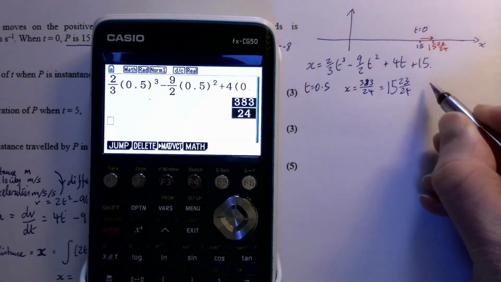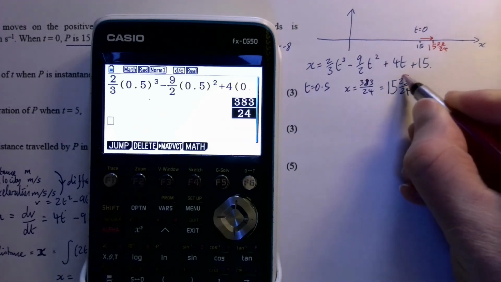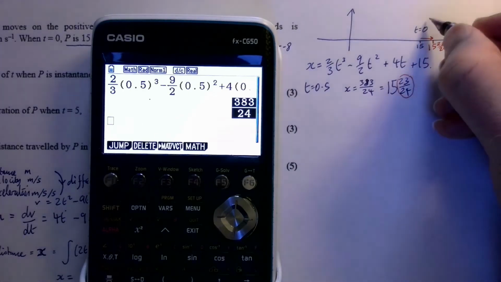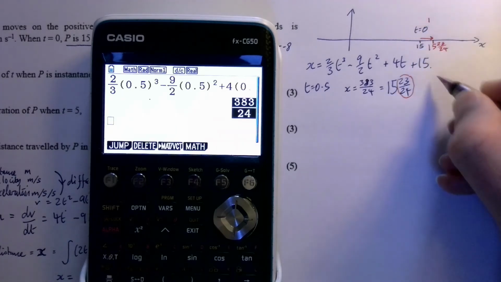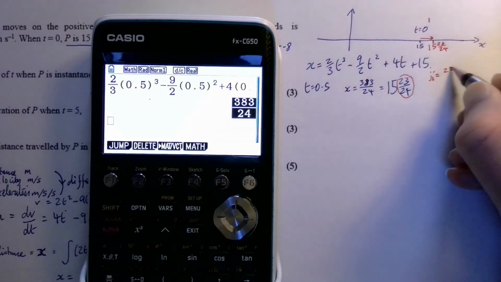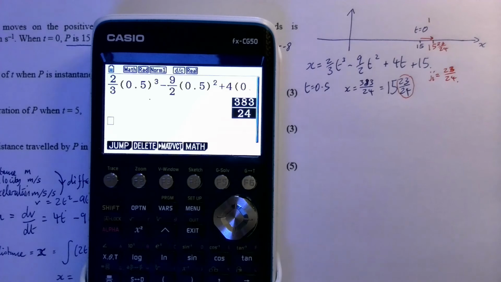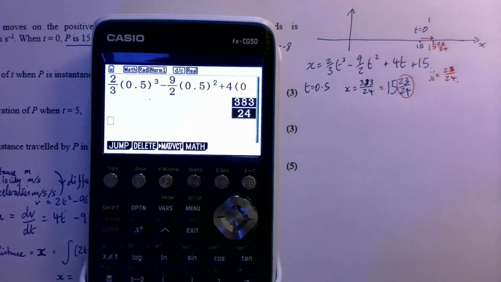So it has gone so far, just that far. So journey 1, which I'm going to call that, equals 23/24.